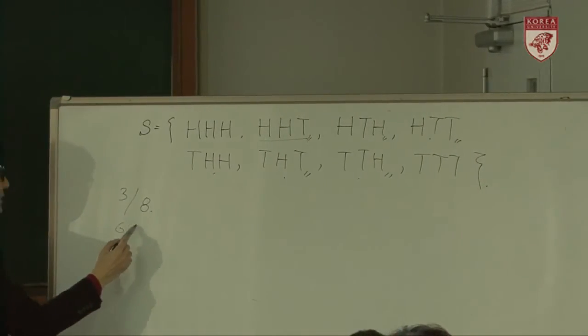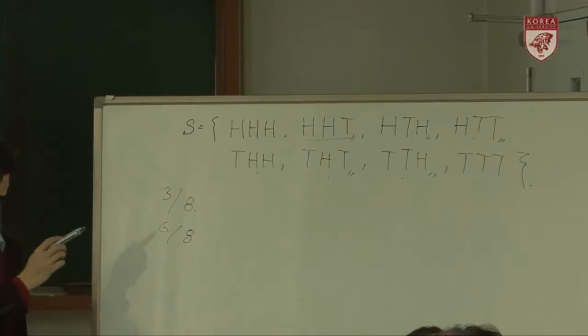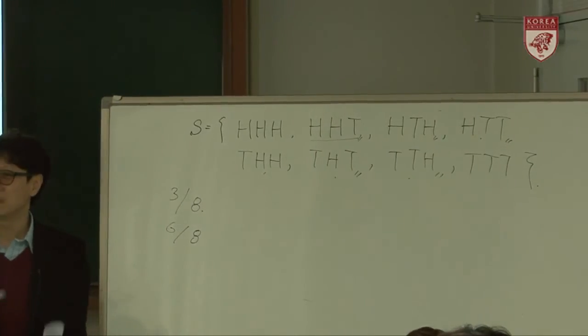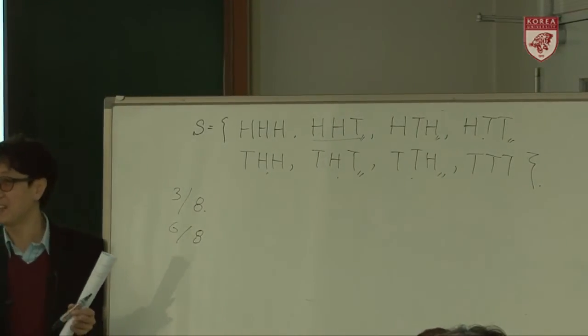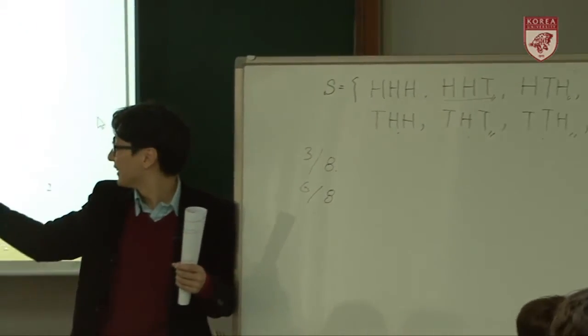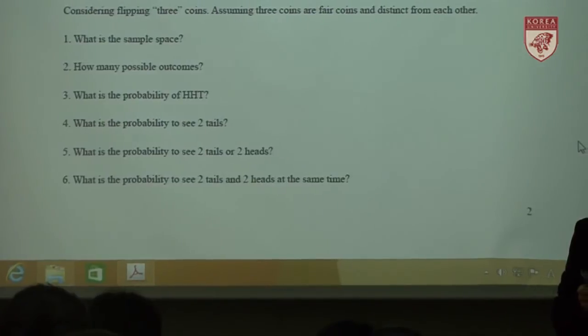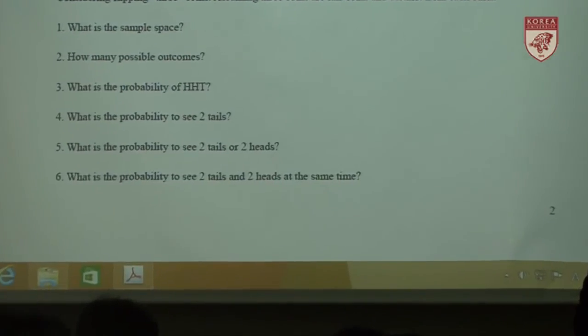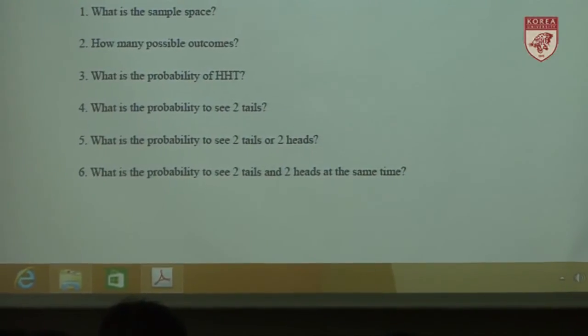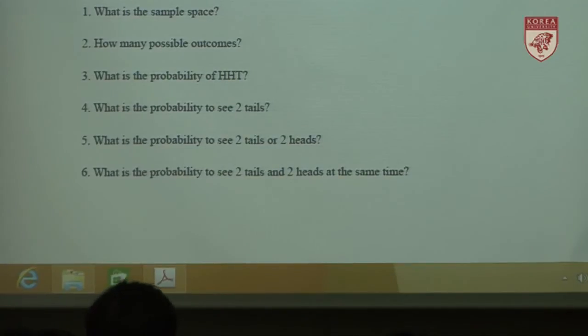So 6/8, or 3/4. So it's easy, it's just counting. Then number 6, what is the probability of seeing 2 tails and 2 heads at the same time? 0, because there are no such outcomes. 0.